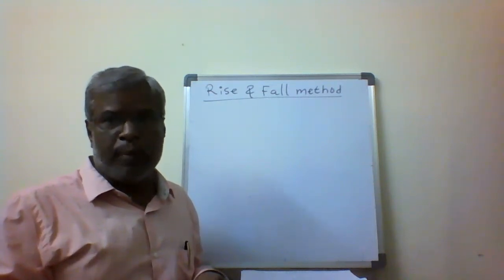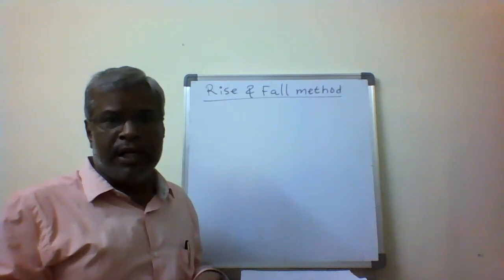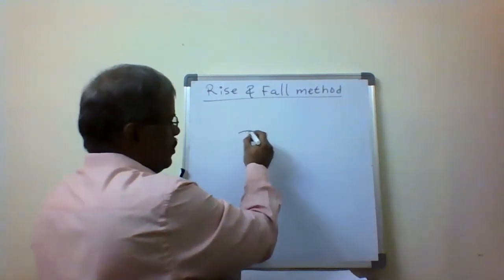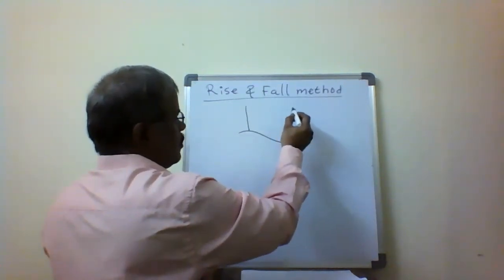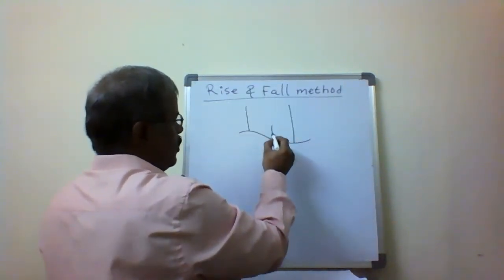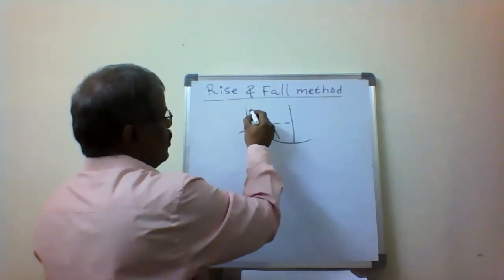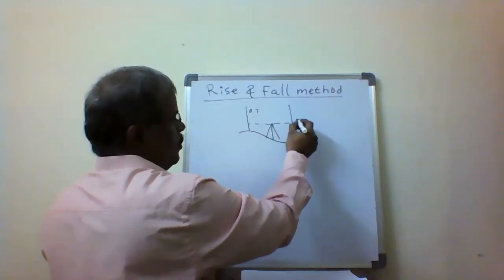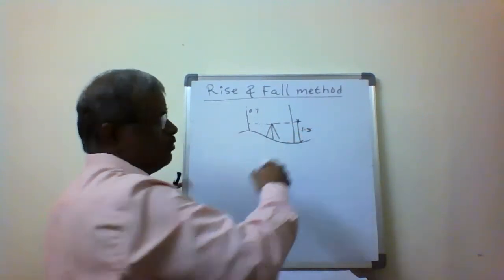A to B, I'm going to compare. B point, with respect to A, will be at a low level or a high level, depending upon whether the difference is positive or negative. Suppose I take this staff reading, which is the lesser value, 0.7, and this staff reading will be 1.5.